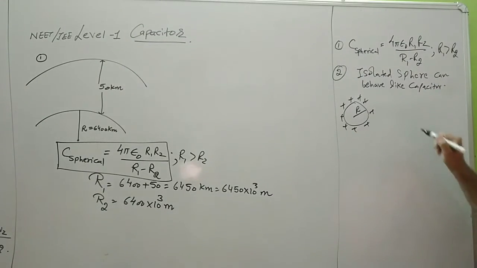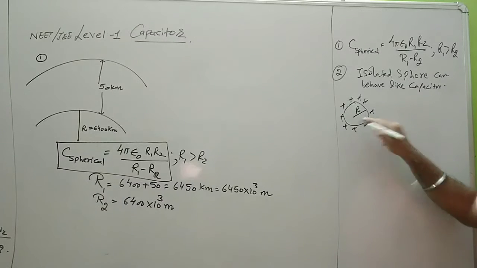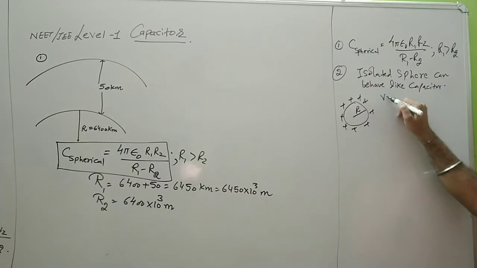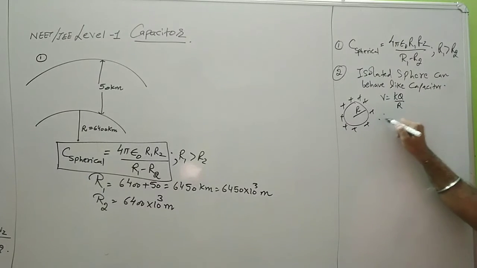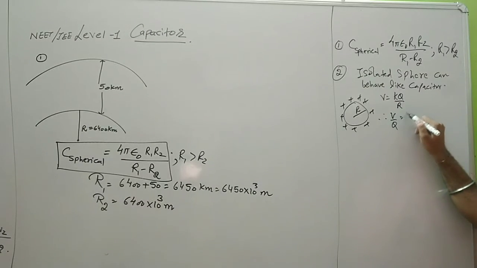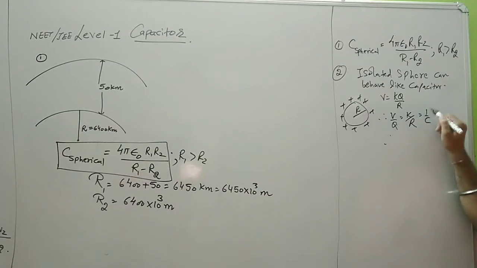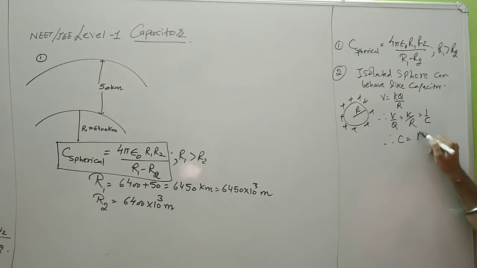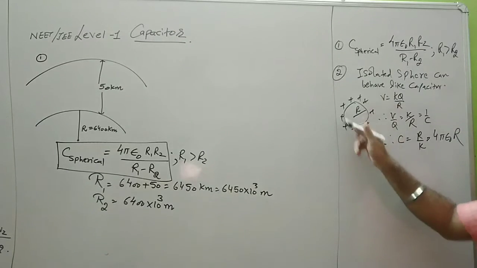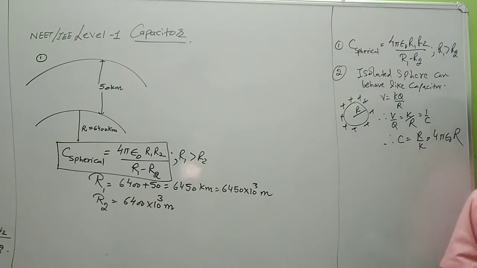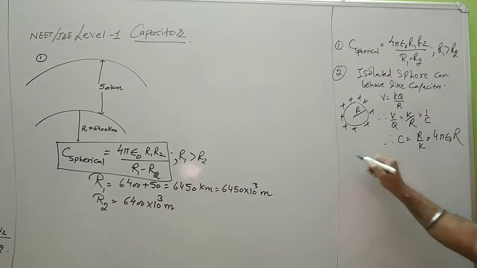We found the potential for it, and we know the potential is kq by r. Therefore, V upon Q is K upon R, and this is equal to 1 by C. So C is equal to R upon K, that is 4 pi epsilon naught R. So a single sphere can also behave like a capacitor.